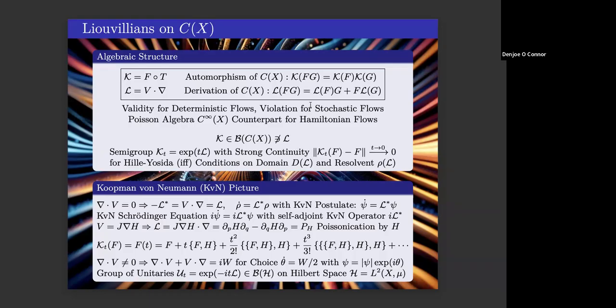And then this is also valid for the Poisson bracket, this automorphism and derivation structure, in the case of Hamiltonian flows. Of course, Hamiltonian flows are deterministic, so it's a special class. It still needs to be restricted. You won't have it if it has a memory.